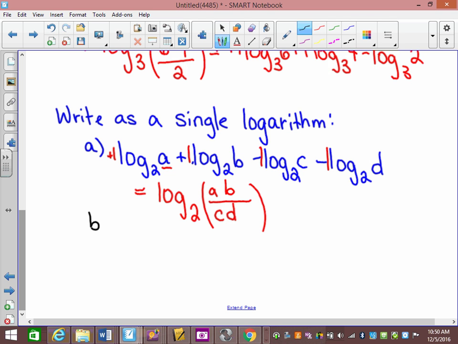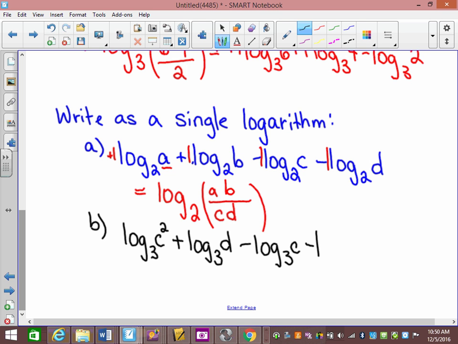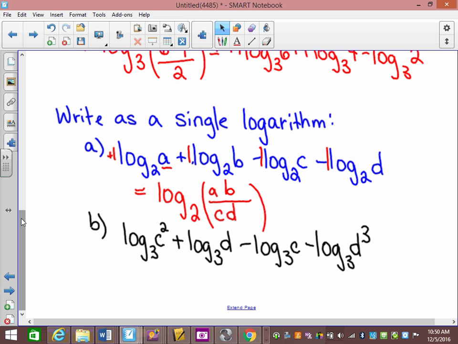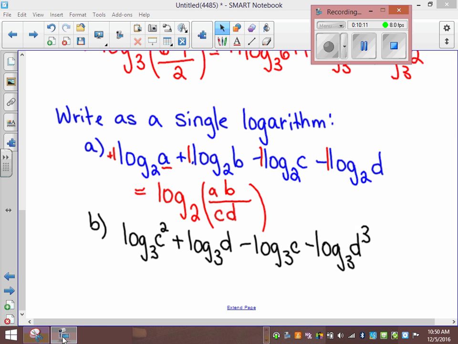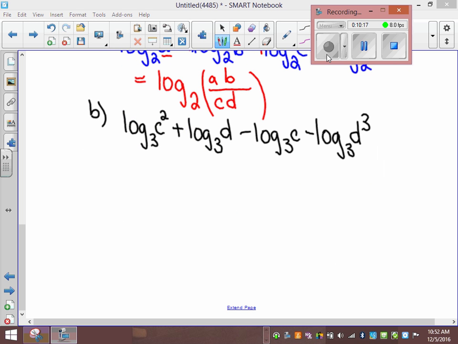So you try this. Try that one out. So this one has an extra step at the end because if you have the same letter in the numerator as you do in the denominator, you're going to have to simplify.